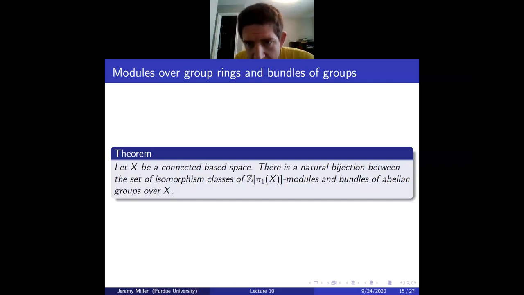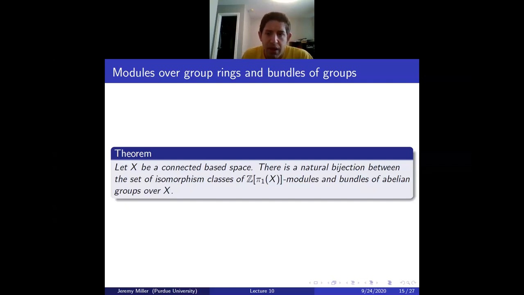So if you care about classifying bundles of abelian groups up to isomorphism, that's the same thing as classifying Z of pi1 of X modules. And this isomorphism is natural if you pick a base point in X. If X is connected, you shouldn't think that's a big deal.